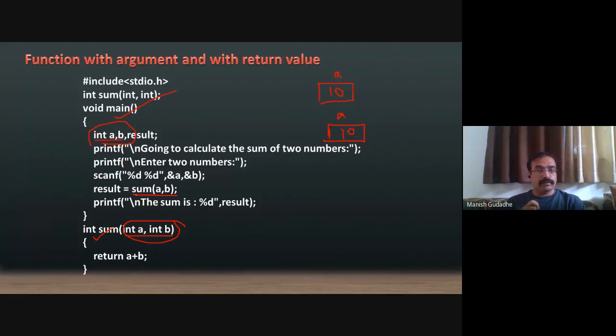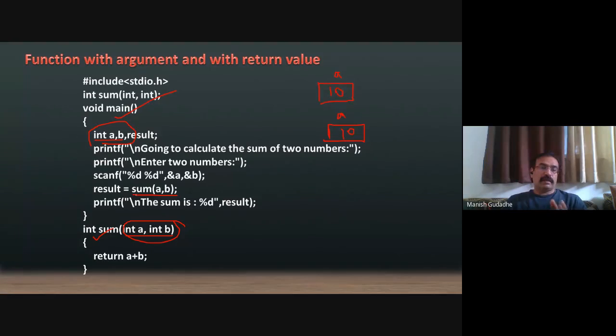So when we call a function, we need to take care what kind of definition is expected for that particular function. In this case, if I am calling sum, it is expected that it must have two parameters and both the parameters must be integers.